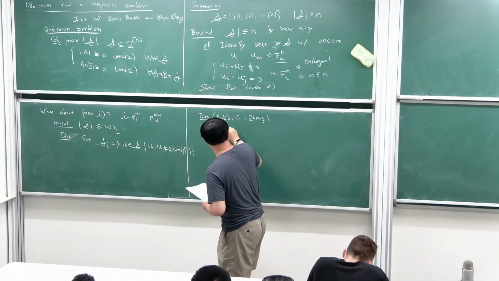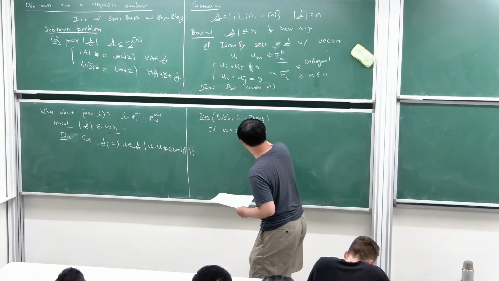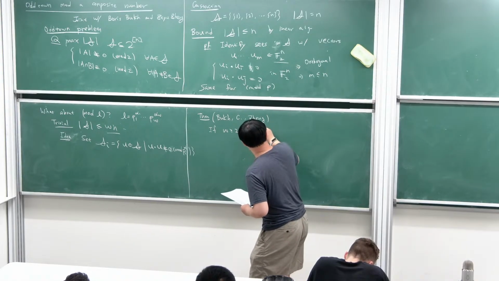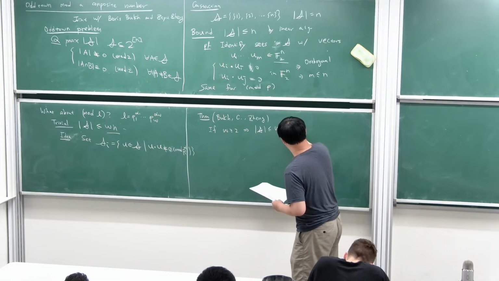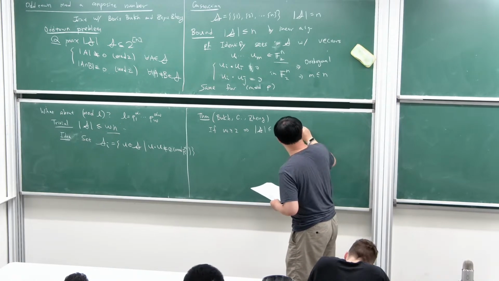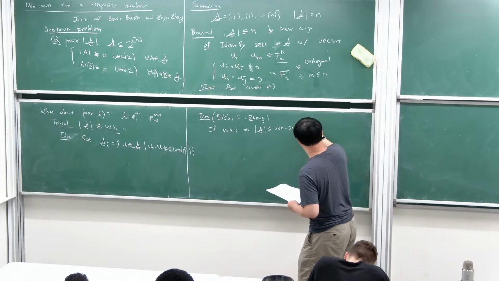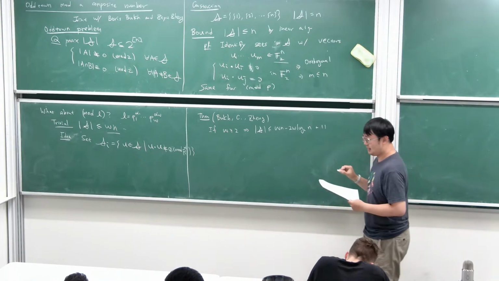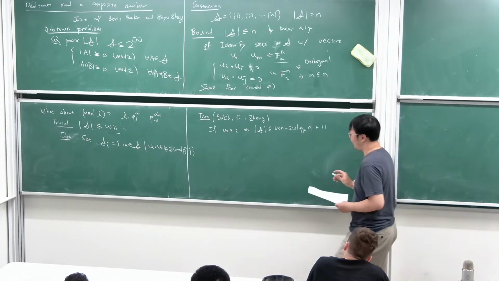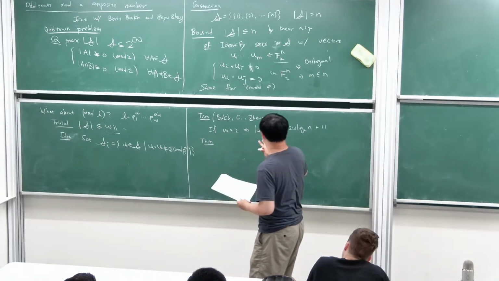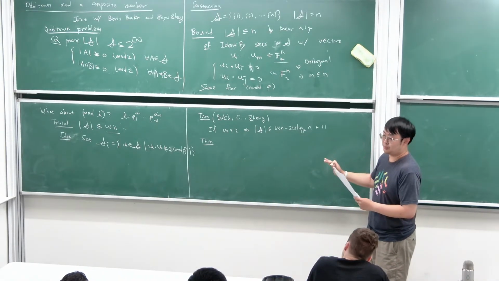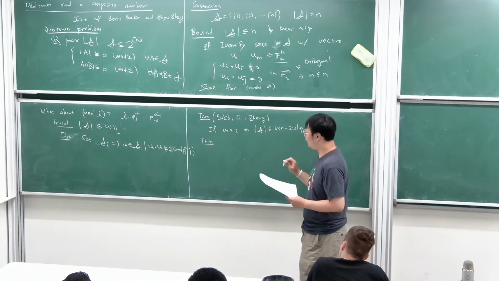Saying that if omega is at least 2, then the size of A is upper bounded by omega n minus 2 omega log n plus some constant. This part is purely using linear algebra, playing with prime powers.